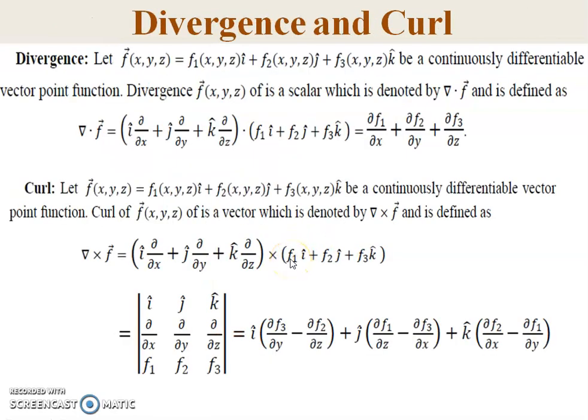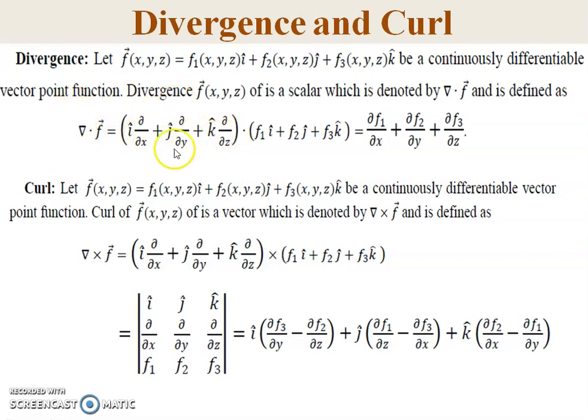Okay, next another important topic is divergence and curl, very important topics. Divergence: suppose F vector is f1 i vector + f2 j vector + f3 k vector, a continuously differentiable vector point function. Then divergence, or del dot F, is defined like this.